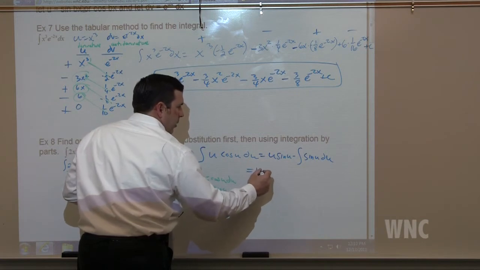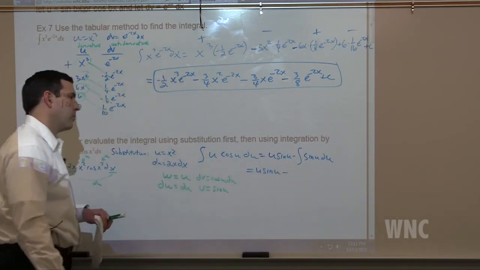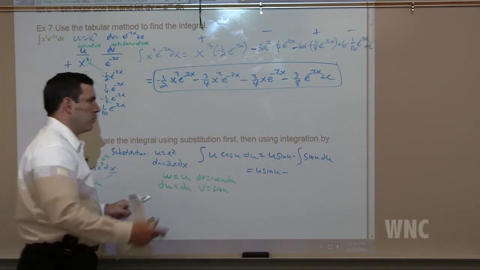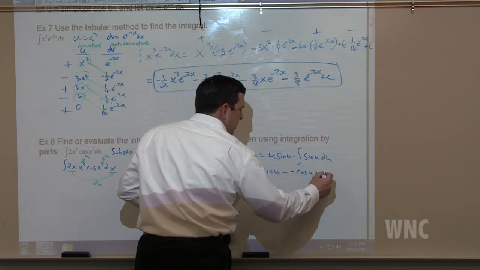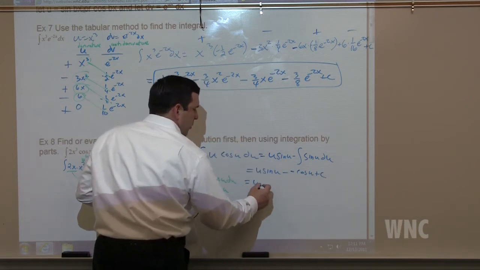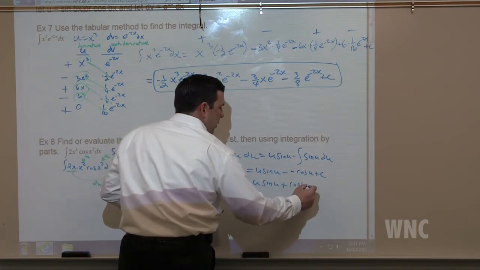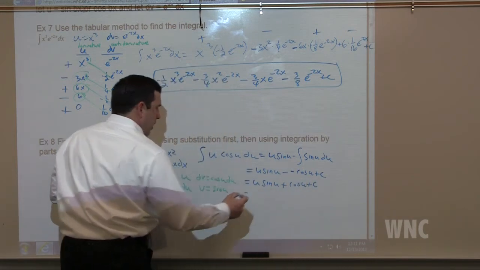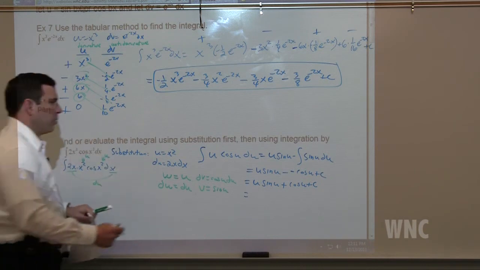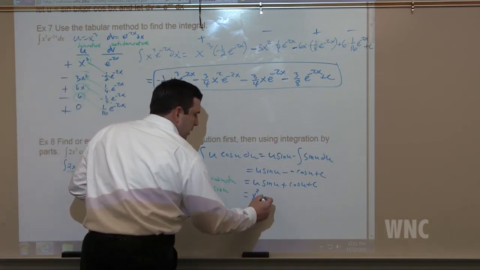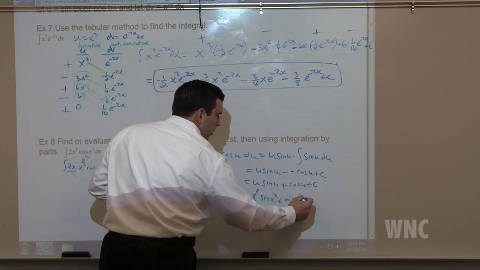And that'll be u sine u minus, if we integrate that, we all know what that's going to be, negative cosine u plus C. So it's going to be u sine u plus cosine u plus C. And what was u? U was x squared. So it's x squared sine x squared plus cosine x squared plus C.